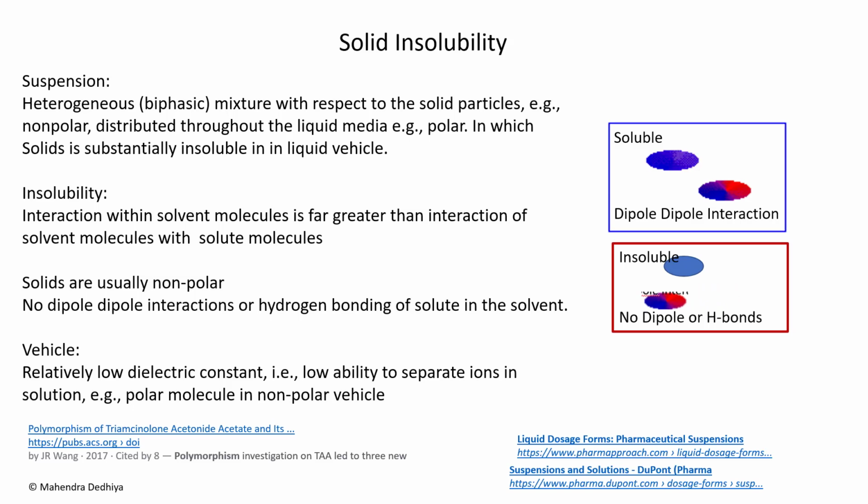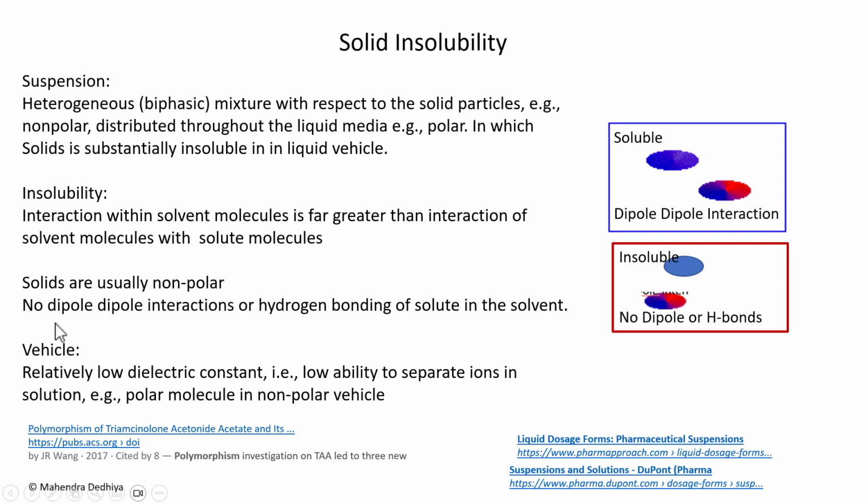Solids are insoluble in the liquid in which they are suspended. This then makes a biphasic system. Insolubility means the interaction within the solvent molecules is far greater than the interaction of solvent molecules with the solute molecule.